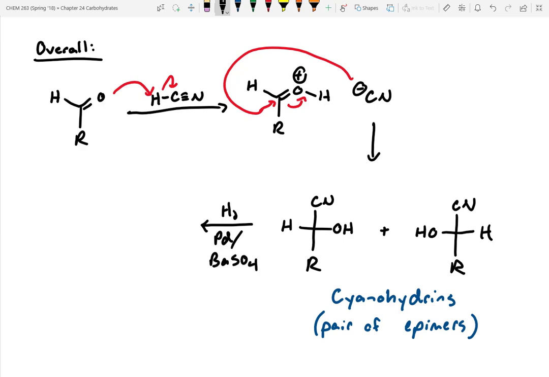And they were actually able to reduce the triple bond between the carbon and the nitrogen to a single bond. Or to a double bond, excuse me. Did I say single bond? Shoot. All right. I stand corrected. So you're still going to end up with a pair of epimers out.